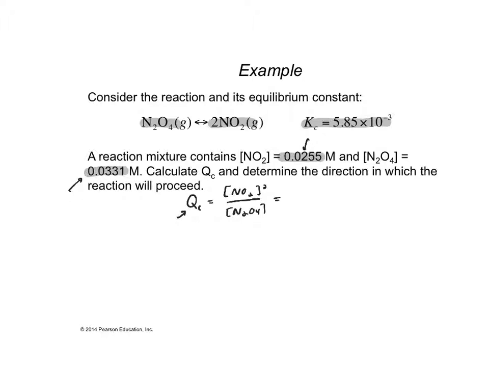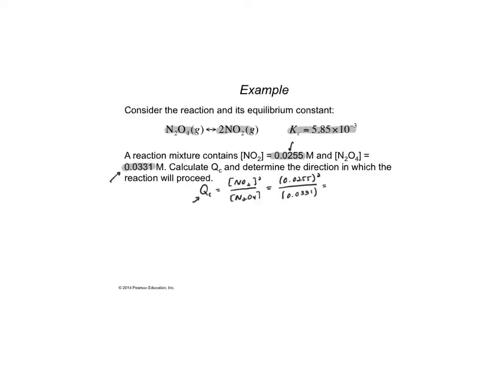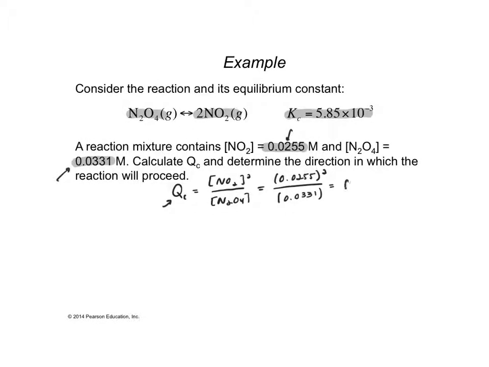Okay, so then I'm going to plug everything in. I get 0.0255 squared divided by 0.0331. And when I multiply those out and divide them, I get a ratio of 0.0196.